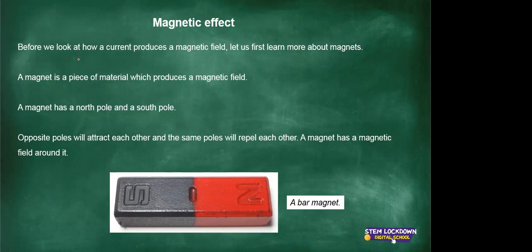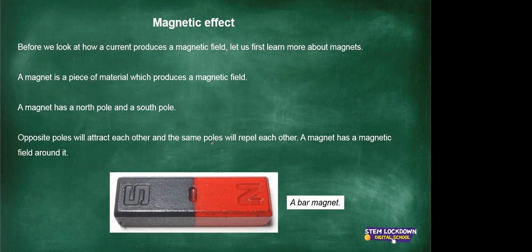Before we look at how a current produces a magnetic field, let's learn about magnets. A magnet is basically a piece of material which produces a magnetic effect. A magnet has a north pole, as you can see in the red, and a south pole, which you can see in the gray. Very important for you to remember is that opposite poles attract each other and the same poles repel each other.